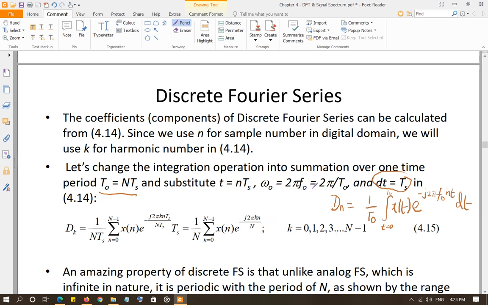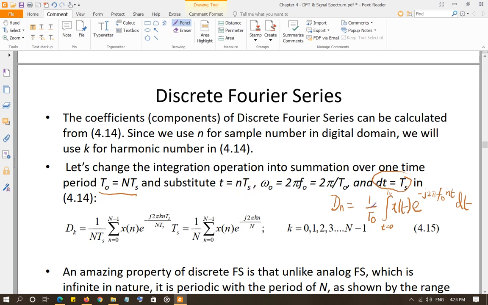Omega naught is 2 pi f naught, and the analog time t is n times Ts, which is the sampling time. The 0th sample is when n is equal to 0, the first sample is when n is equal to 1, and so on.